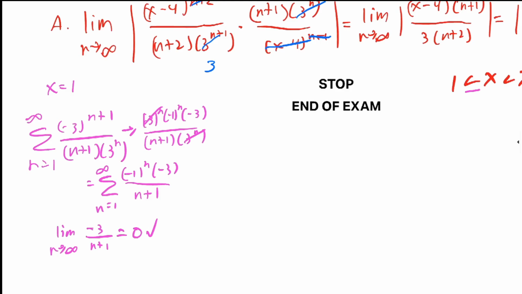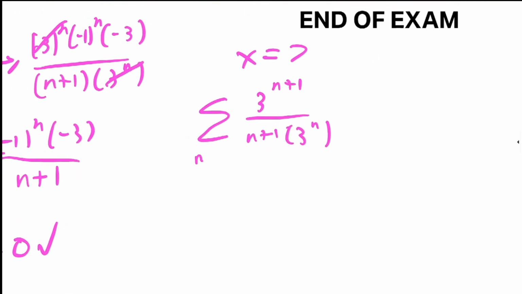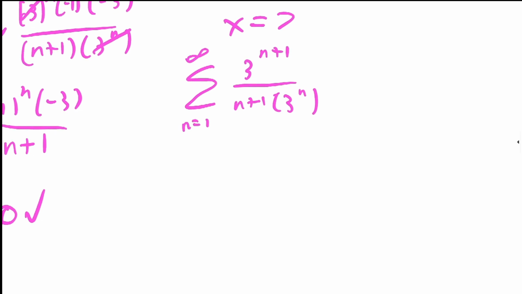The next thing we're going to look at is x equals 7, which is going to result in 3 to the n plus 1 over n plus 1 times 3 to the n. Now we want to see if this series converges. We can cancel at least one of the 3's, leaving a 3 on the top, so it'll just be 3 over n plus 1. Lots of ways to do this one, guys.